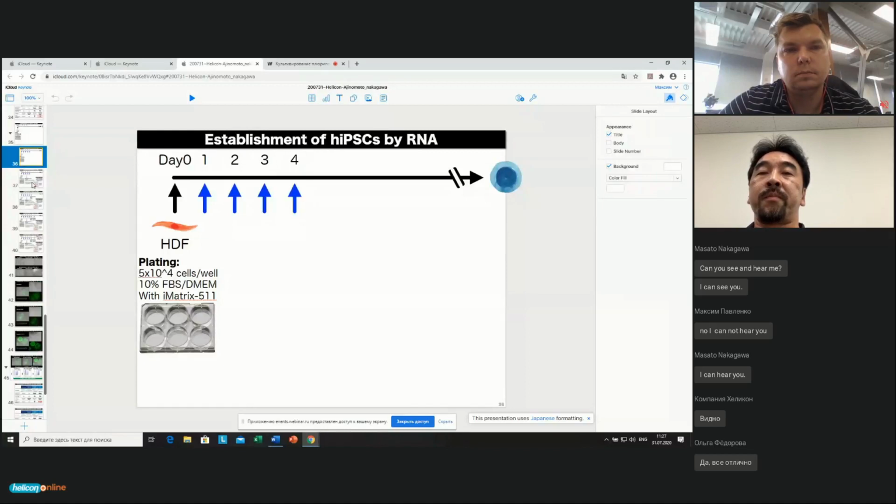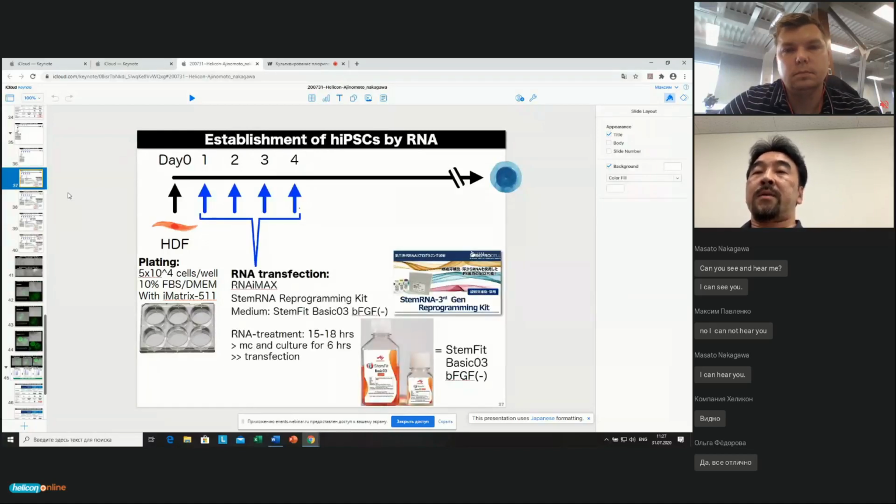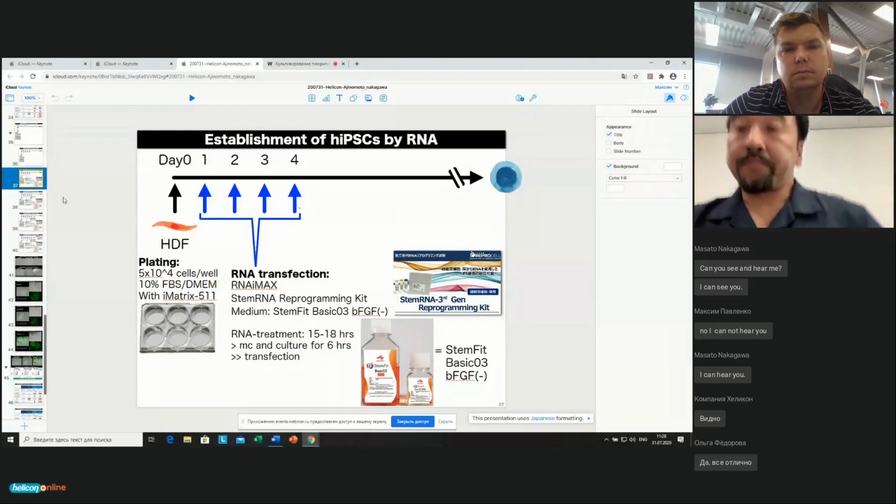Next slide, please. The details are written here. During this transfection, we use StemFit Basic 03 medium without basic FGF.